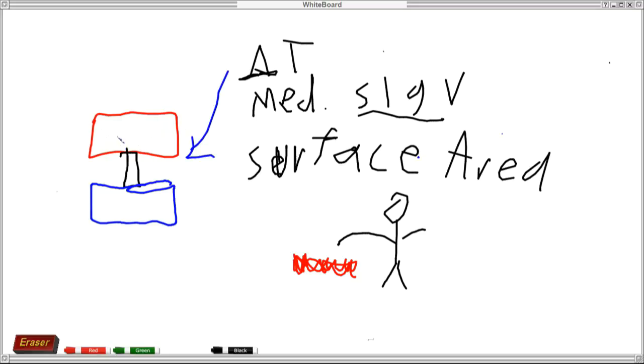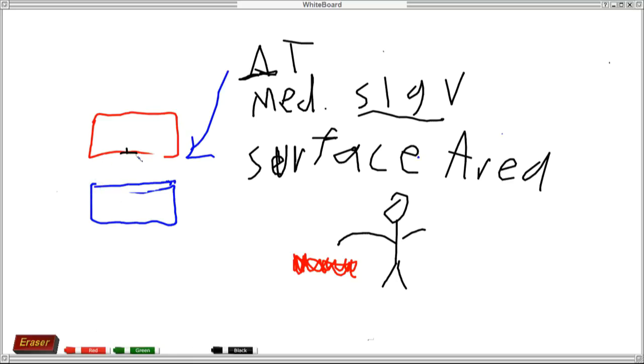This is of course ignoring the convection and radiation from the rest of the area between both objects. It's mainly going to travel through this narrow cross-section area, and it's not going to transfer heat as efficiently as if you eliminated the gap and put both of these plates together.